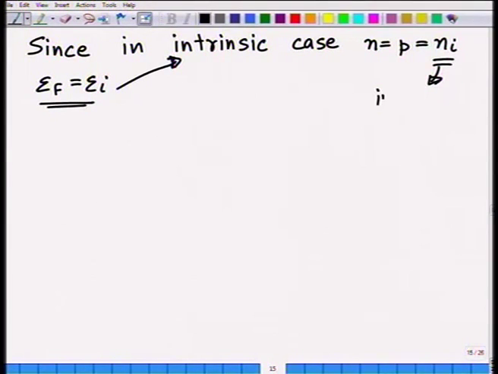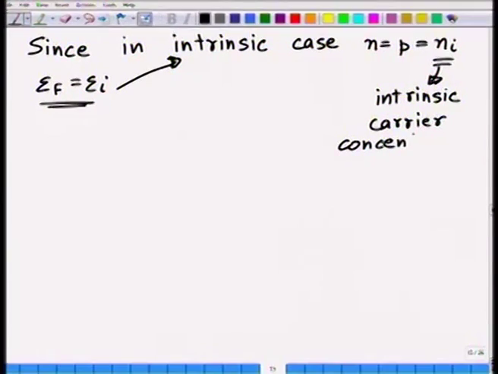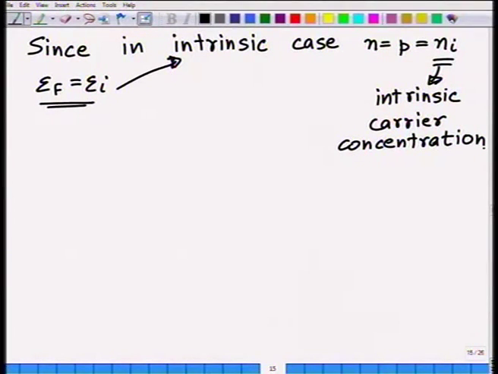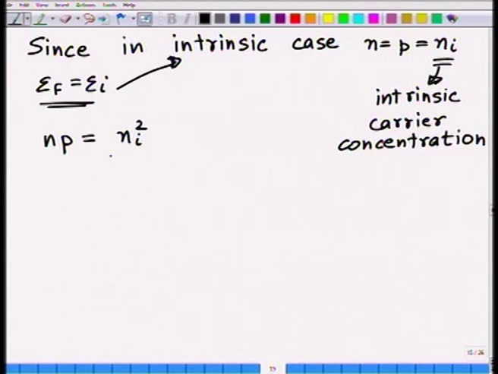Similarly, we are calling it the intrinsic carrier concentration. The number of electrons or number of holes per unit volume, for a semiconductor which is intrinsic. If it is an intrinsic semiconductor, then n is equal to p is equal to ni. That means the product np is equal to ni squared, since n is equal to p and both values are called ni, this must be true.